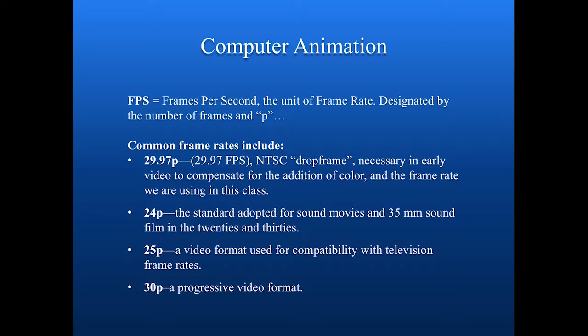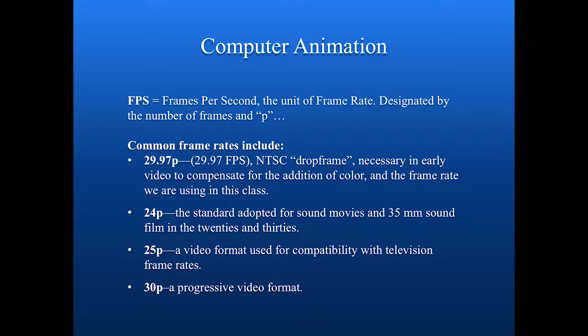Some of the common frame rates include 29.97p, which is 29.97 FPS. This is the NTSC drop frame, which was necessary in early video to compensate for the addition of color and the frame rate that we are using in this class.